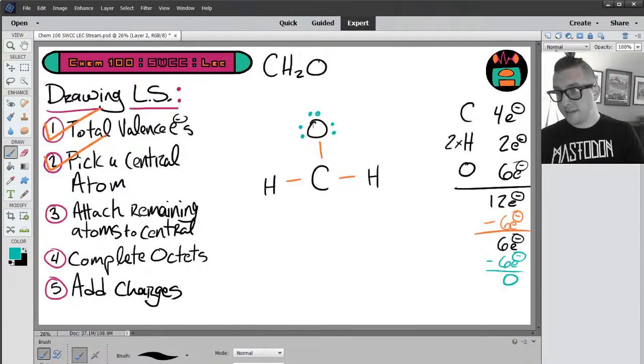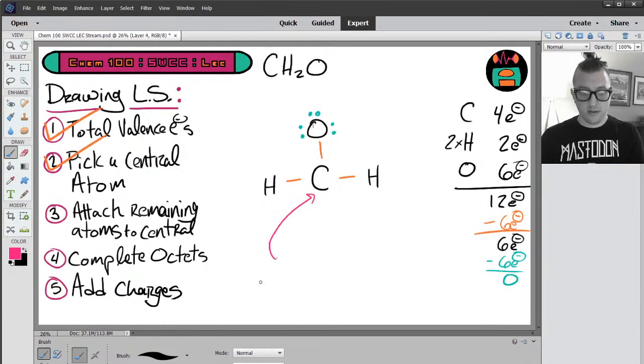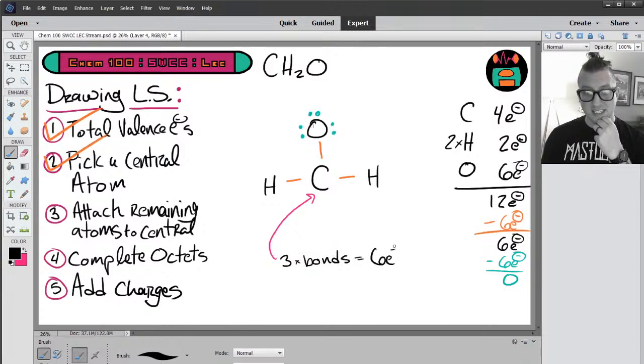You'll notice that carbon, as drawn, has access to 3 bonds, right? So we've got 3 bonds, which means that it has access to 6 electrons, but it needs 8.